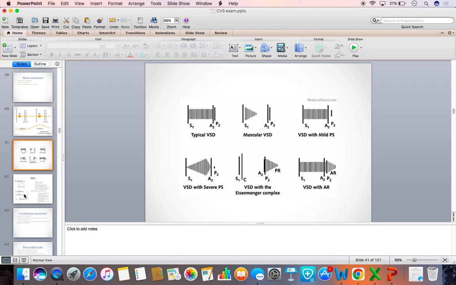With further increasing pulmonary arterial hypertension, the shunt murmur disappears, then you get the early diastolic murmur of pulmonary regurgitation. Whereas in patients with VSD and aortic regurgitation, there is a continuous murmur.